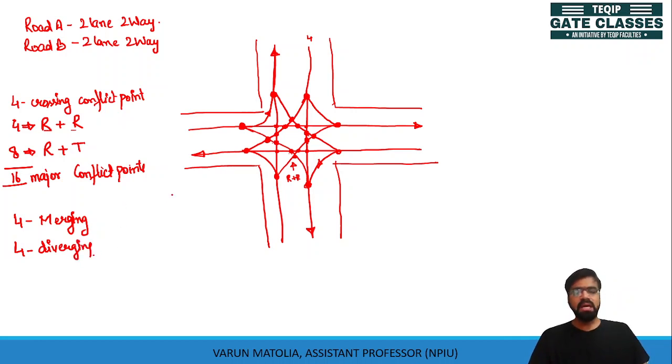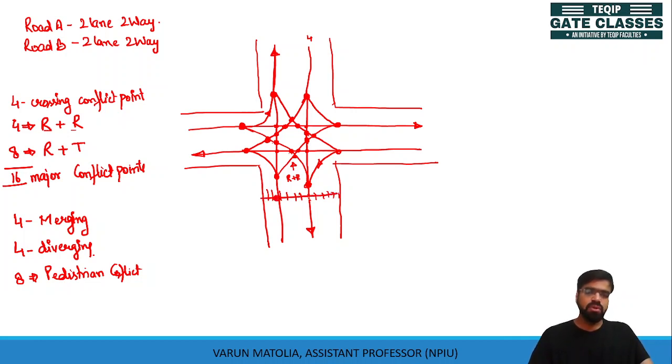So we have 4 diverging conflicts. Now, there may be the presence of pedestrians around, pedestrians meaning walking traffic, so there will be 8 pedestrian conflict points. How 8? How does a pedestrian pass? There is a zebra crossing, they pass through this, but if this arrangement is not there, a pedestrian may cross like this.